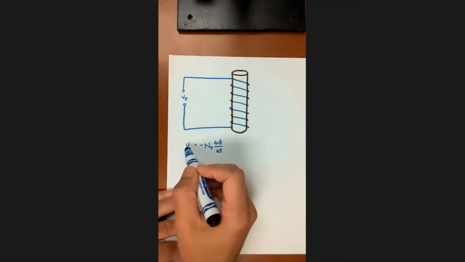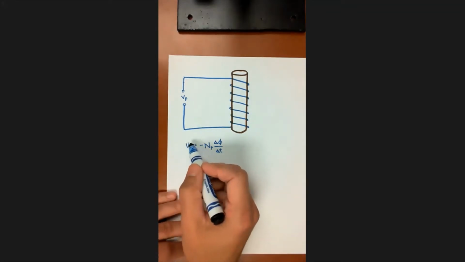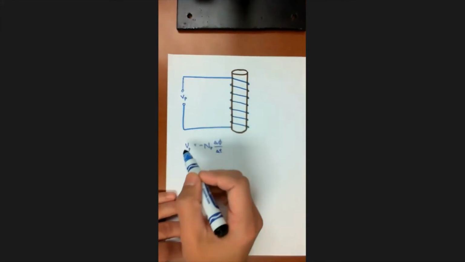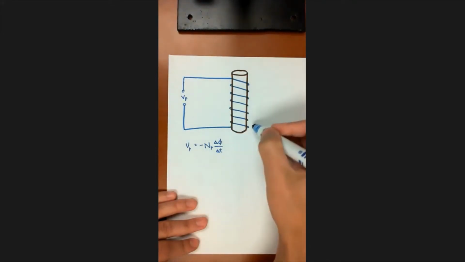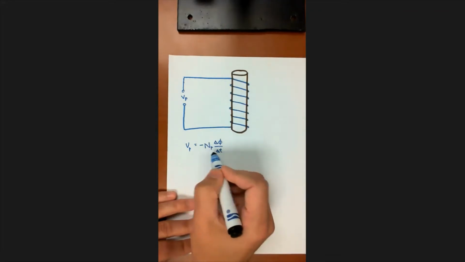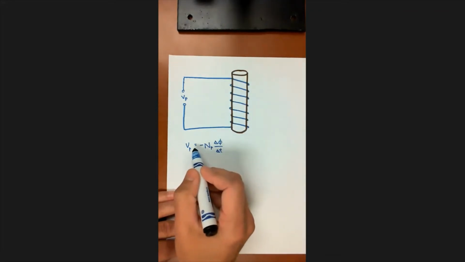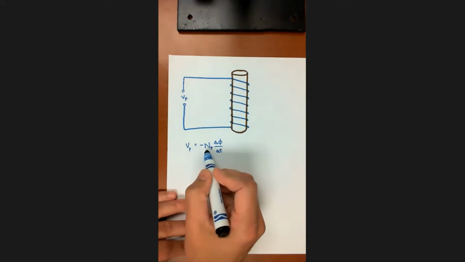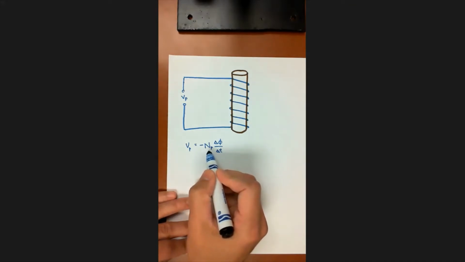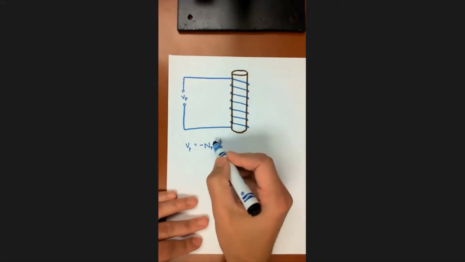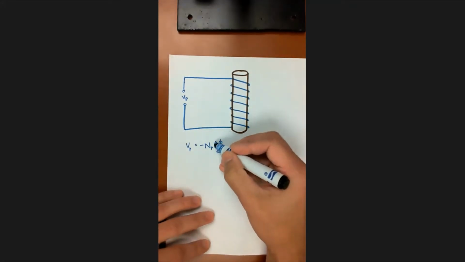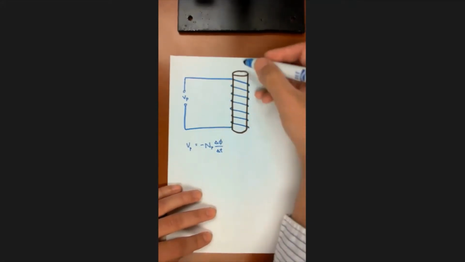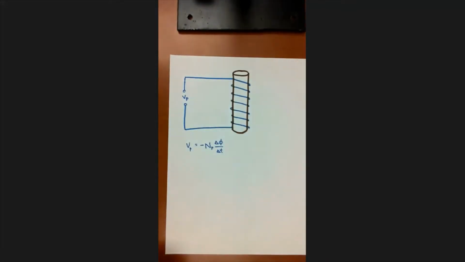All right, so let's say for right now this is the voltage that is applied by the generator, and that has a relationship to the magnetic field around here through this expression right here. It's equal to negative N sub P, the number of turns in the primary, times the changing magnetic flux around here. So this is the rate of change of the magnetic field around the core of this transformer.